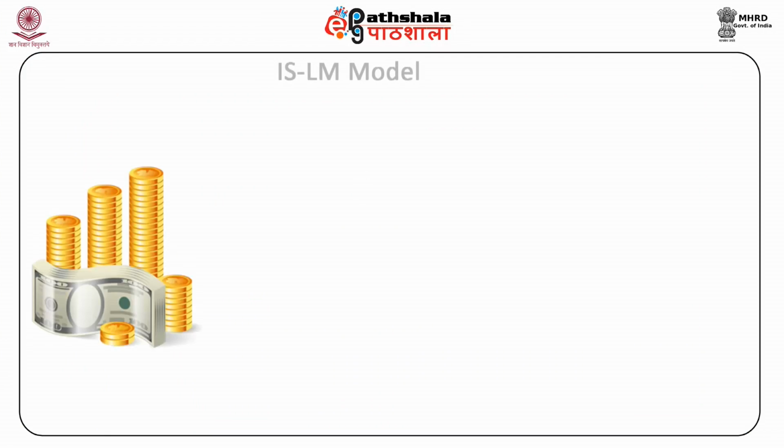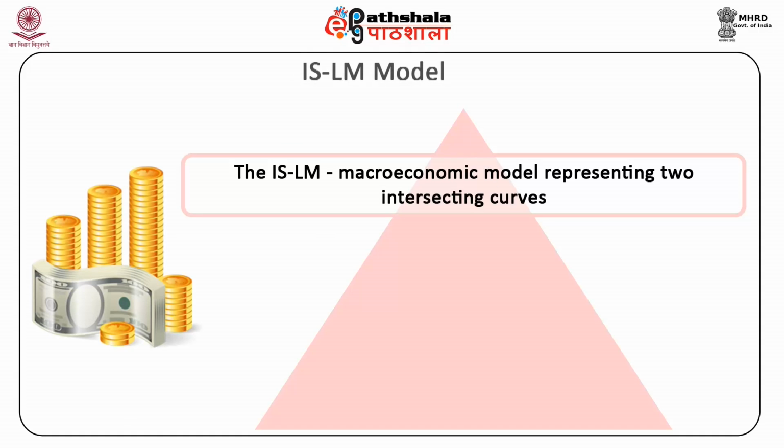Let us begin with the ISLM model. The ISLM, that is investment saving and liquidity preference money supply model, is a macroeconomic model that graphically represents two intersecting curves.